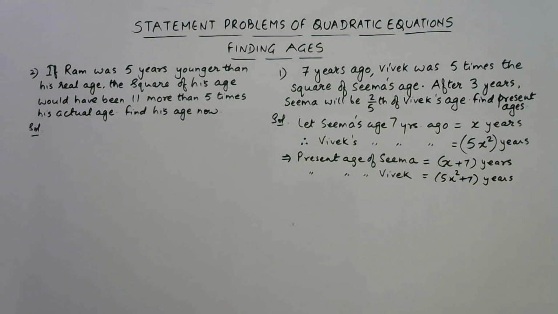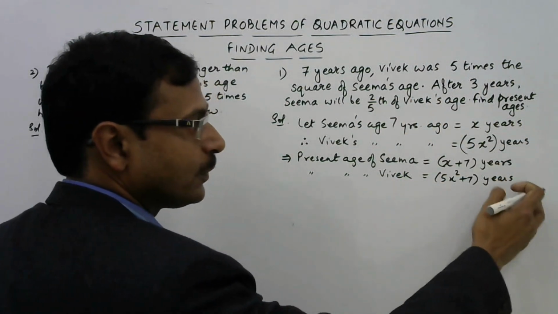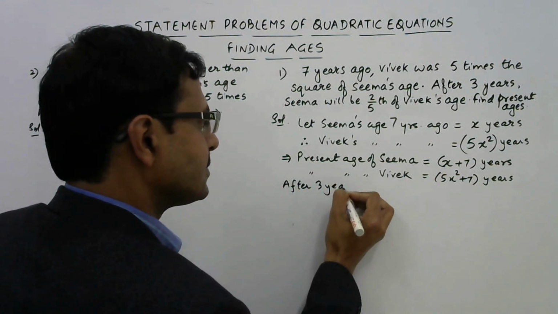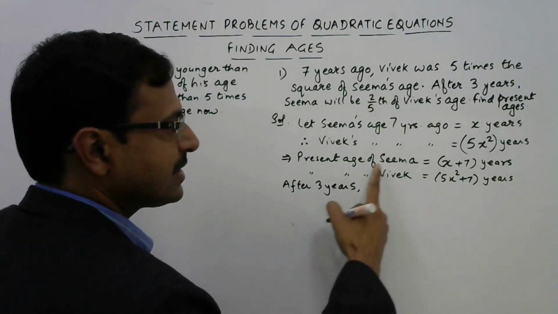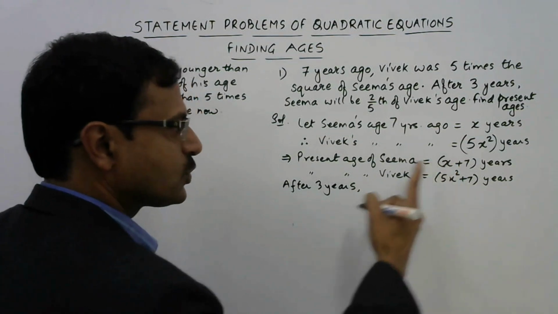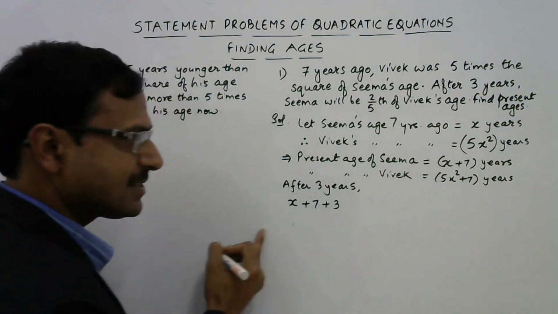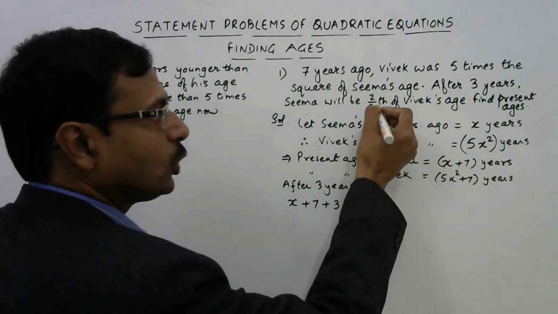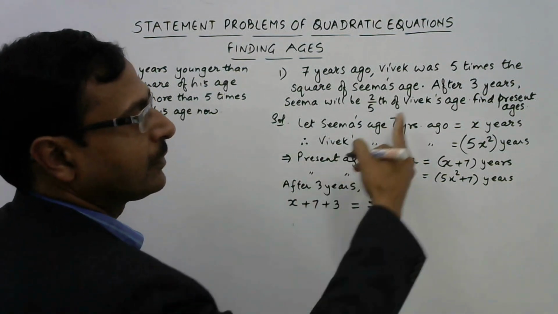So these are the present ages. And now we can formulate the equation based on the second statement. After 3 years, so another 3 more years to be added to these two. Now I'll write the equation. Seema's present age is x plus 7, so after 3 years, Seema's age will be x plus 7 plus 3, equal to 2/5, 2 by 5 of, means multiply, Vivek's age.